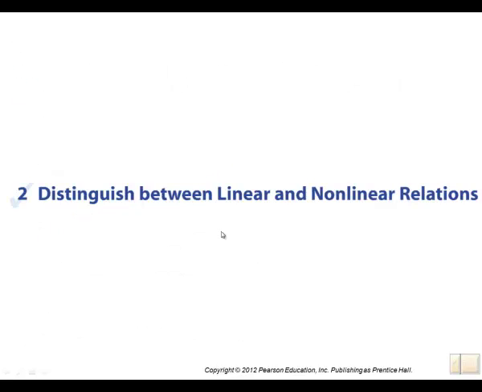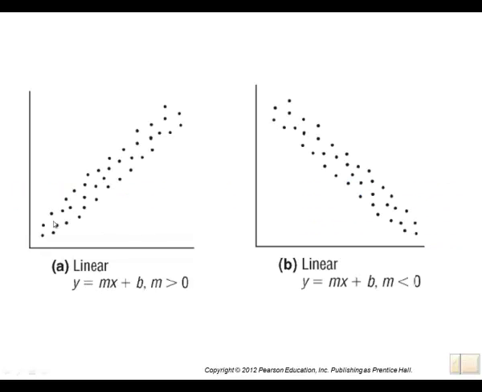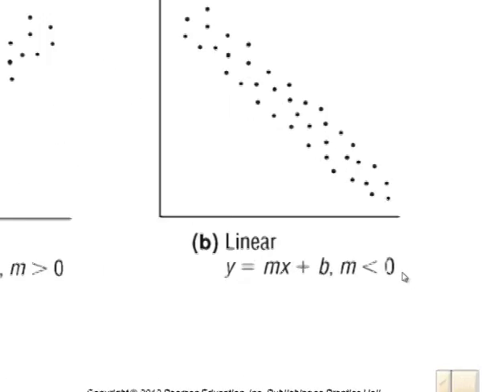Okay, we want to distinguish between linear and nonlinear relations or graphs. Here we have a relatively straight, fairly linear relationship. Going in a positive direction with a positive slope, and here our positive correlation. Here this is a negative correlation with a negative slope, where m is less than 0.